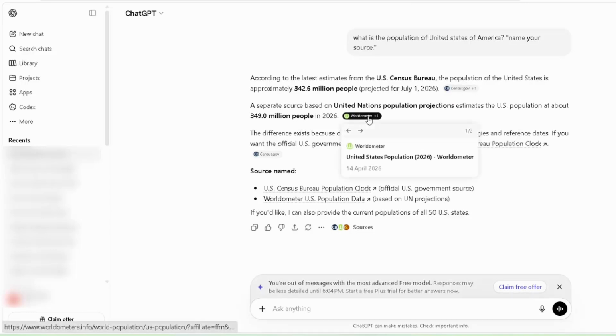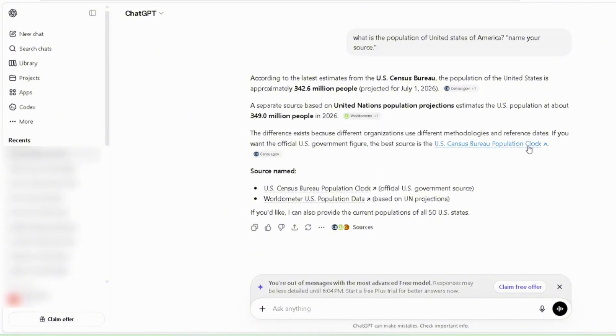This is Worldometer, which is also a reliable source. You can check this census government. So it's government again, and you can without any hesitation rely on this particular source.